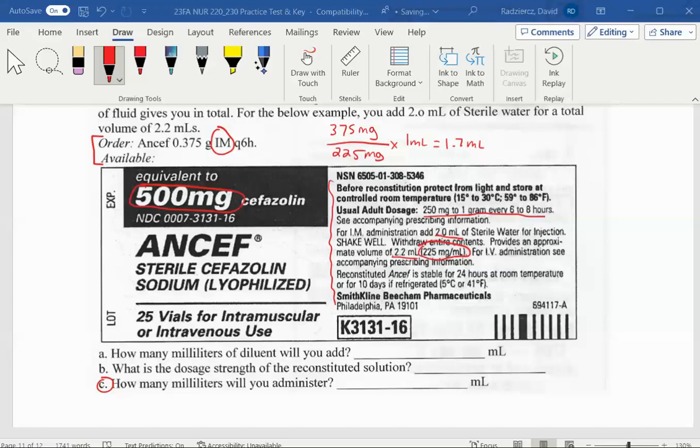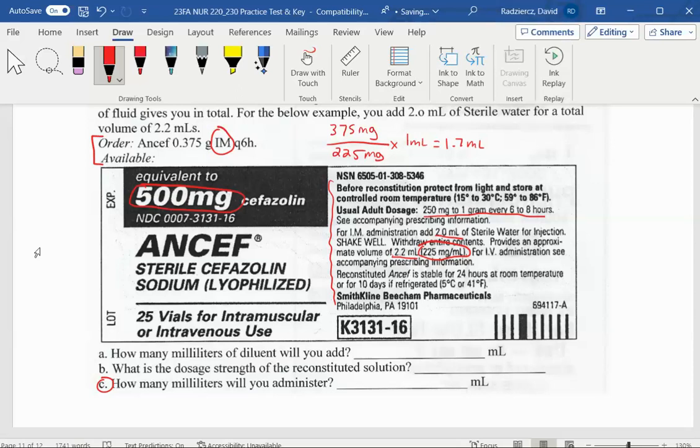So the dosage strength for B, it's in the instructions, right? So we are not calculating it here. It says in the instructions the strength of the reconstituted solution would be 5 milligrams per milliliter.